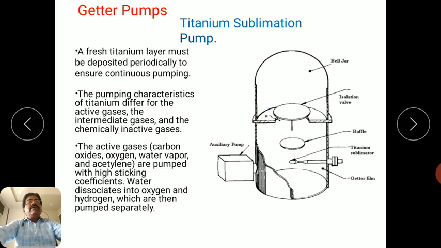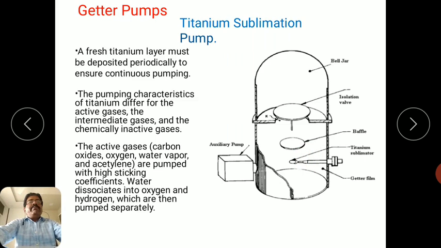What is required is that a fresh titanium layer must be deposited periodically to ensure continuous pumping. If you want to continue the pumping further, fresh titanium must be periodically deposited onto the surface. So periodically this sublimation process must be operated here.